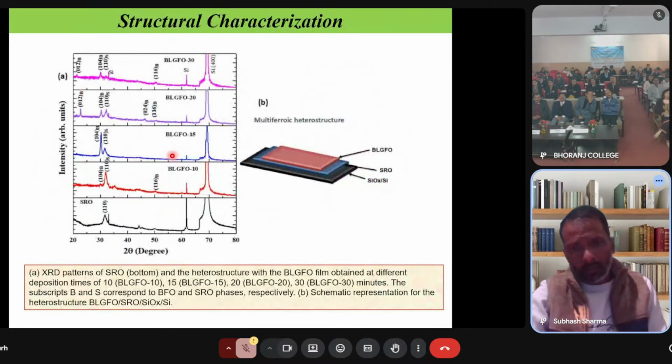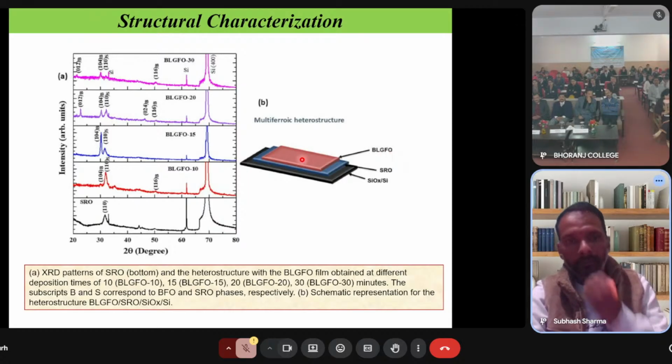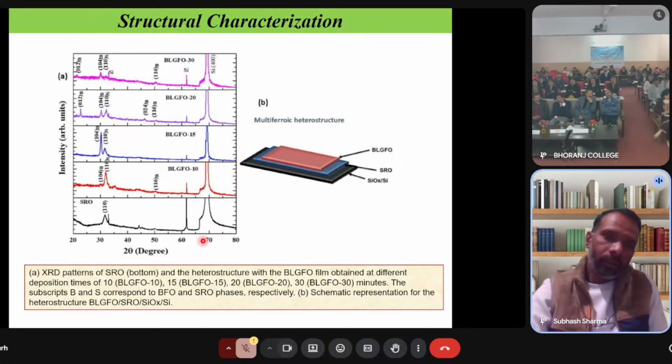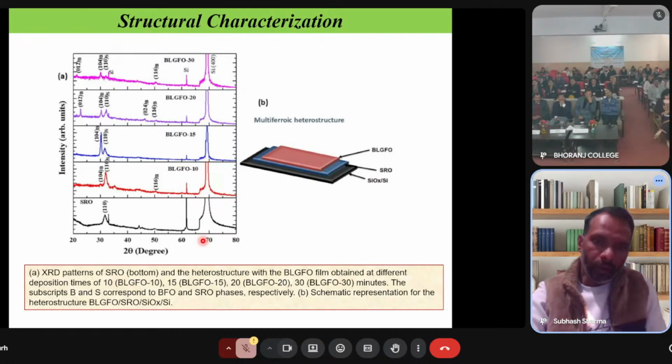Then my student has carried out this whole device: silicon, then SRO. SRO is basically a conducting electrode, and then the thin film of lanthanum and gadolinium doped BFO. In this case, we vary the thickness of BFO, like 10 minutes, 15 minutes, 20 minutes, and 30 minutes.